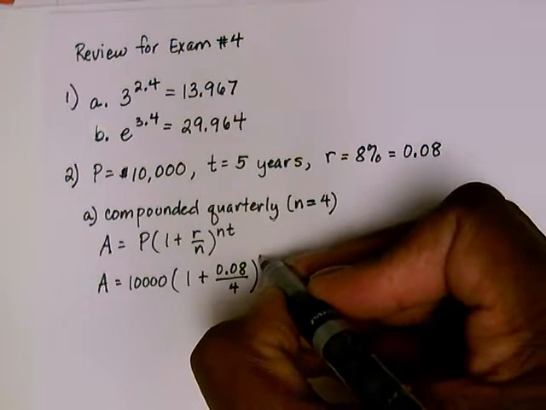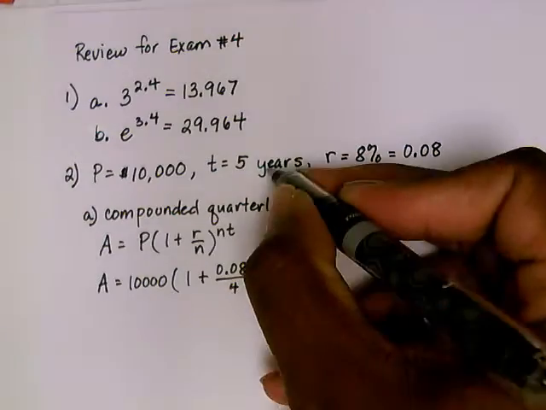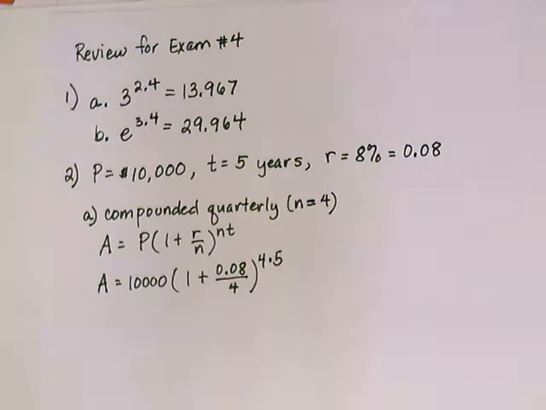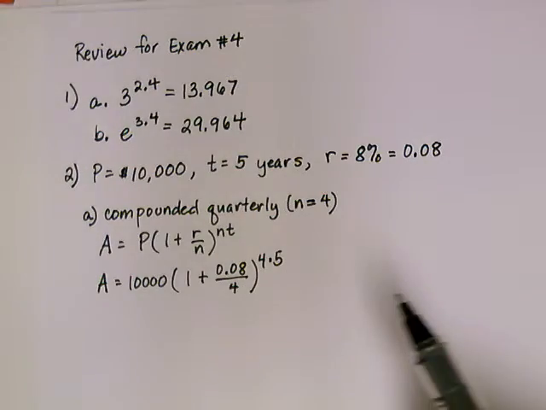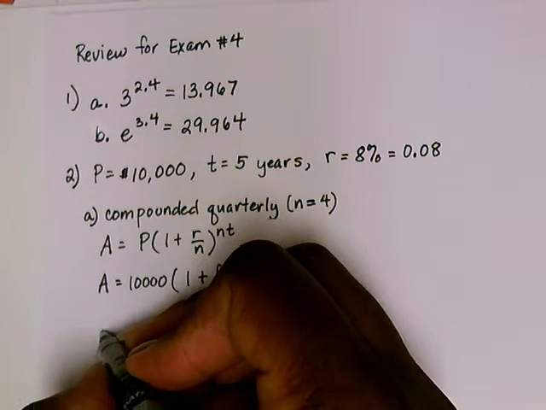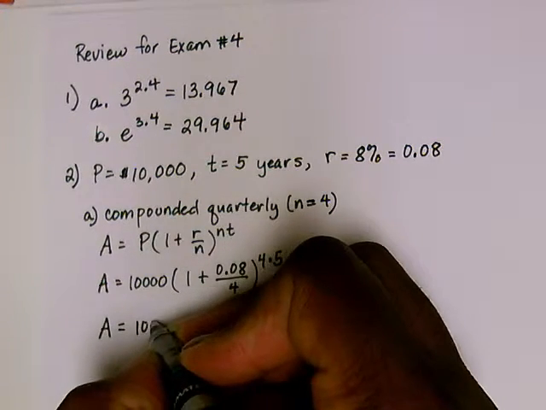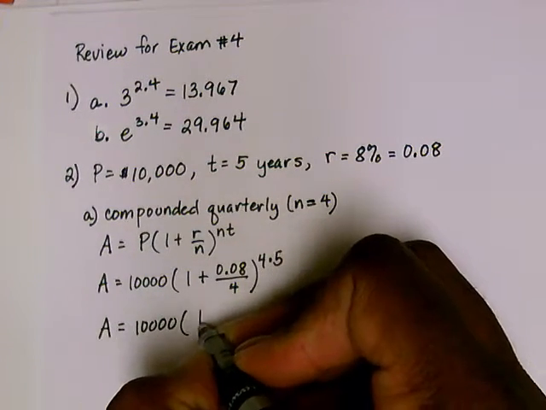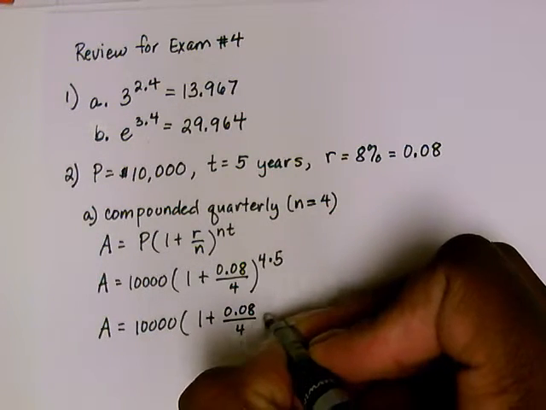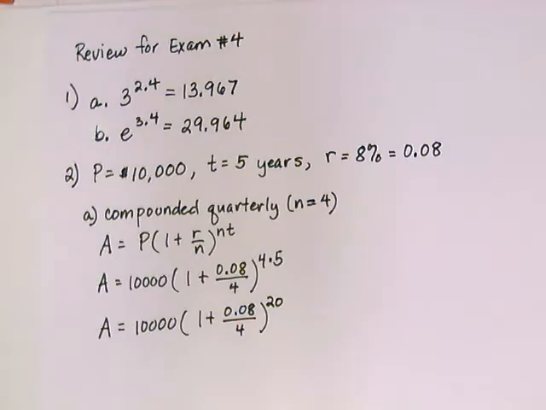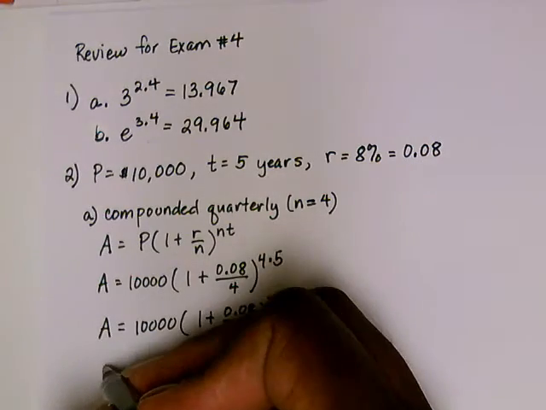Your n is 4 times t, which was 5. Now, what I would do here is go ahead and multiply that 4 times 5. That would give me 20. So here, this would be A is equal to 10,000 times 1 plus 0.08 divided by 4. That whole thing is raised to the 20th power.